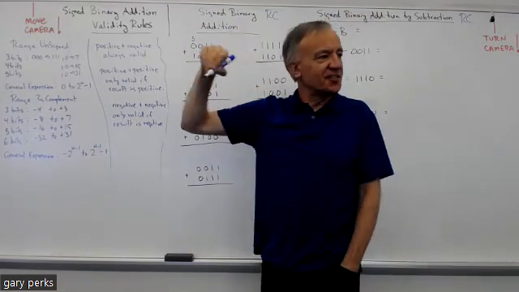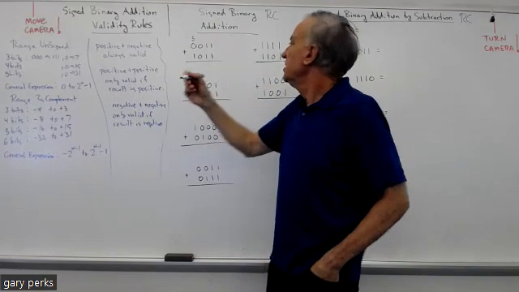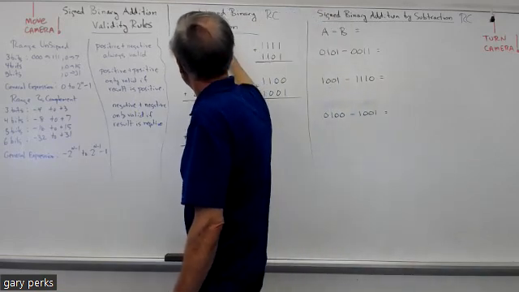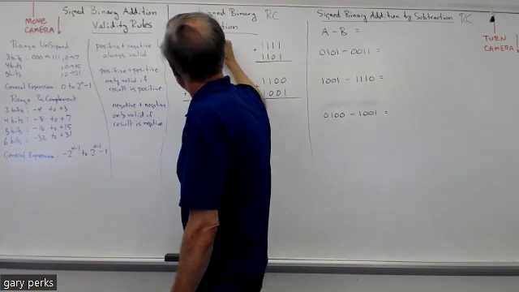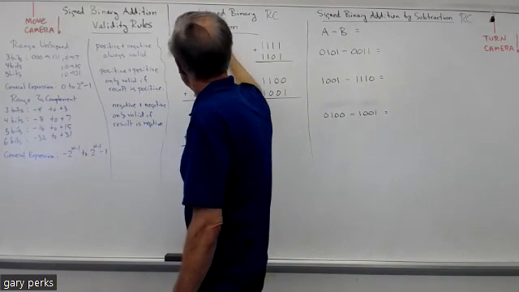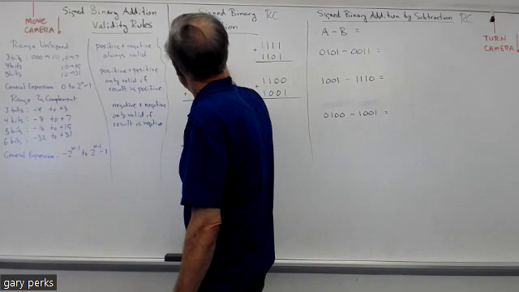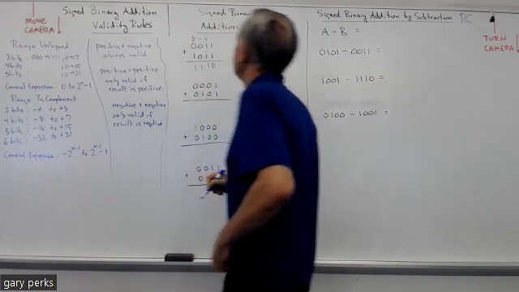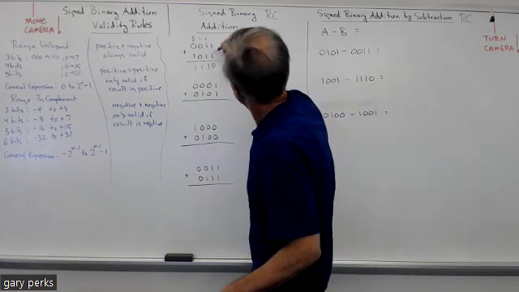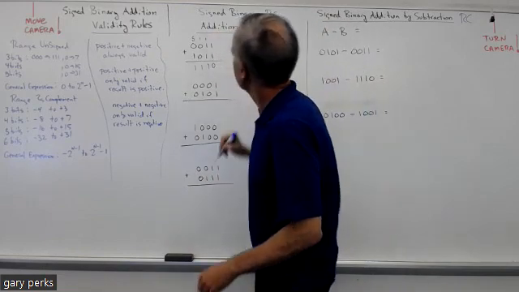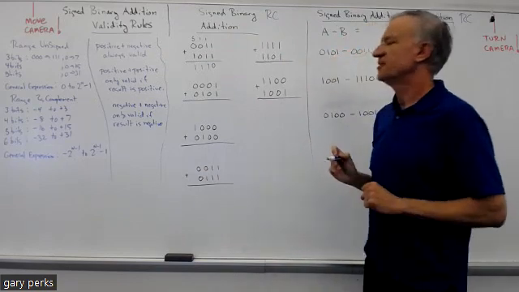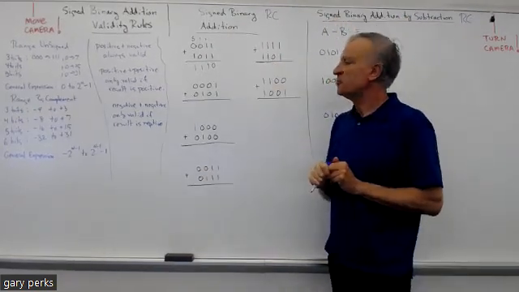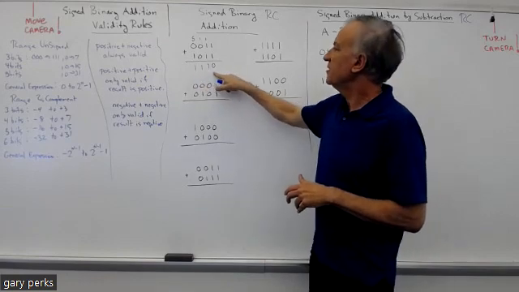How I add the ones and zeros follows the same rules as before. 1 + 1 is 0, carry the 1. 1 + 1 + 1 is 1, carry the 1. Did I do that right? If I make a mistake, let me know. So we added these two signed binary numbers manually, and this is our result.